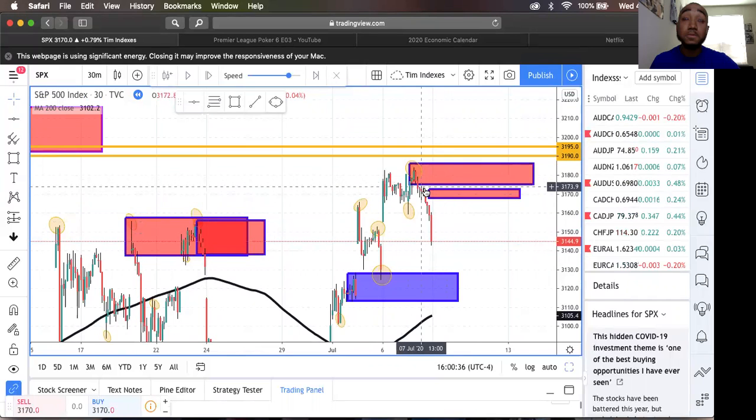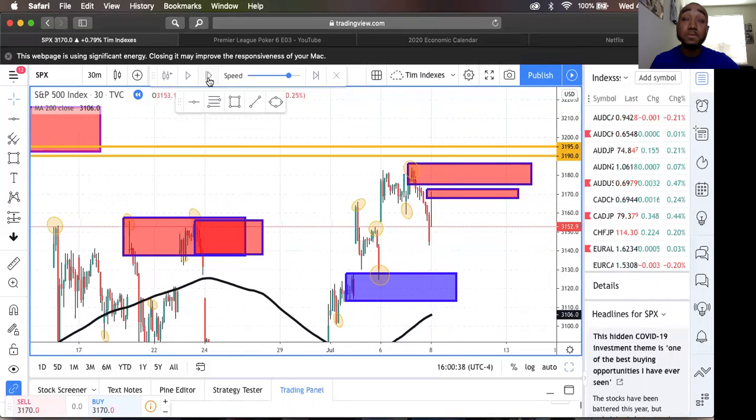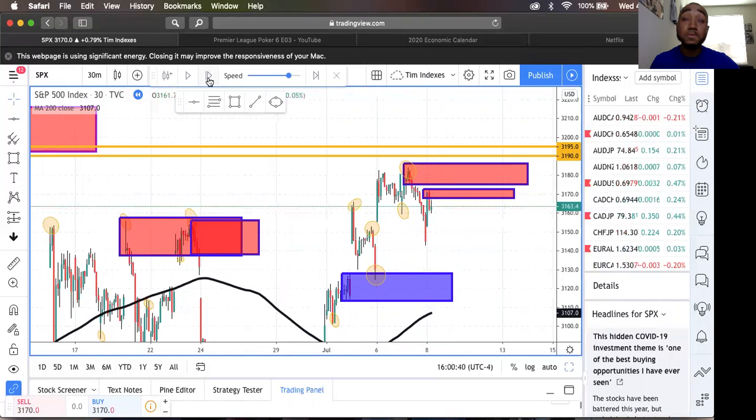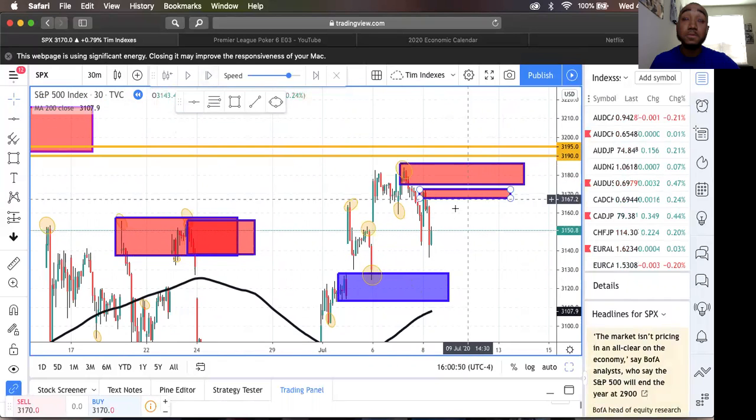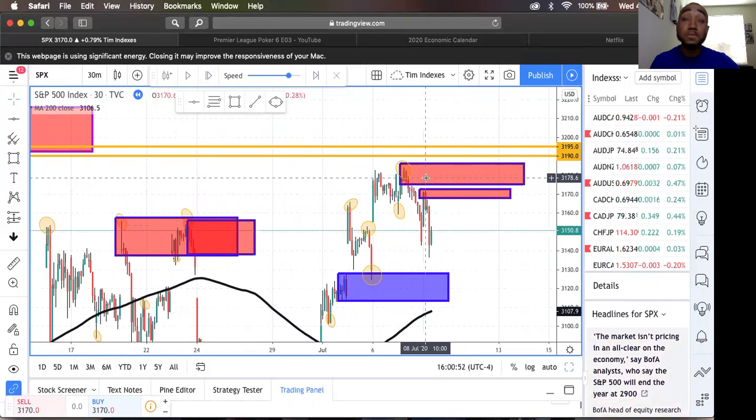So once price came down, went up, it gapped up this morning, and then it hit the supply zone up here, then it fell off again and made a new low. So that was just confirmation for me to get into a call even more. So once price came down and retraced the supply, came down and made a new low, that was even more confirmation to get into a call.